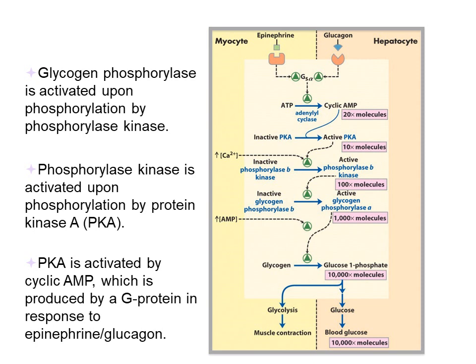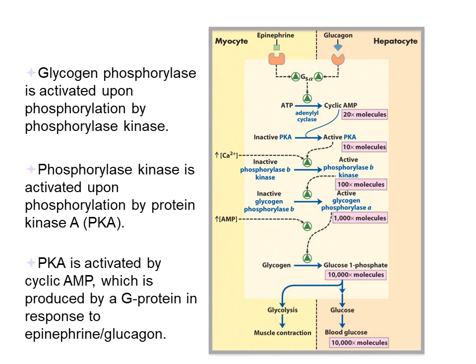Cyclic AMP is produced by the G protein in response to glucagon or epinephrine, and this cyclic AMP activates PKA and phosphorylase kinase.